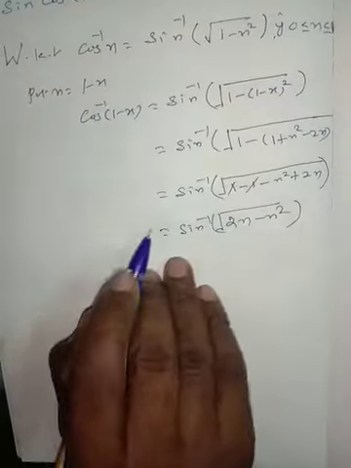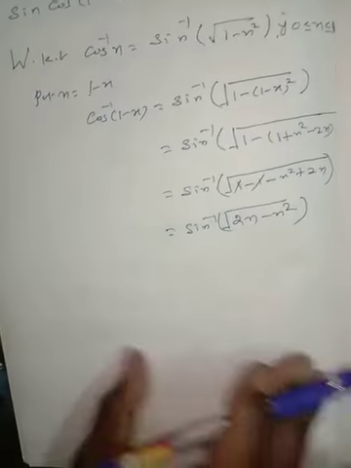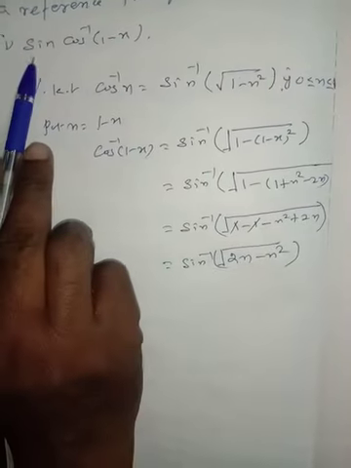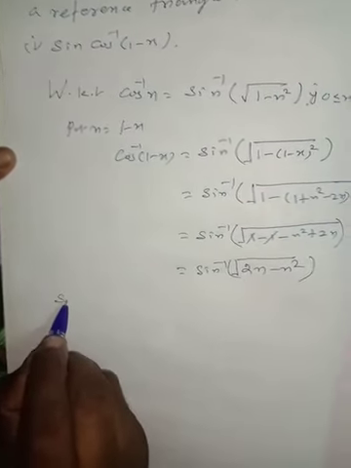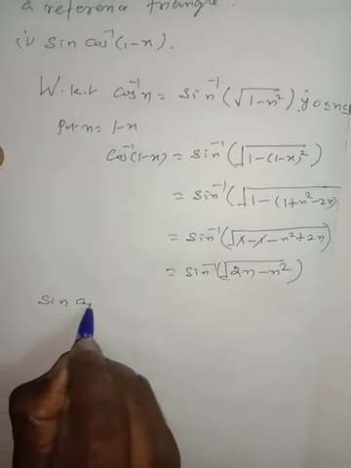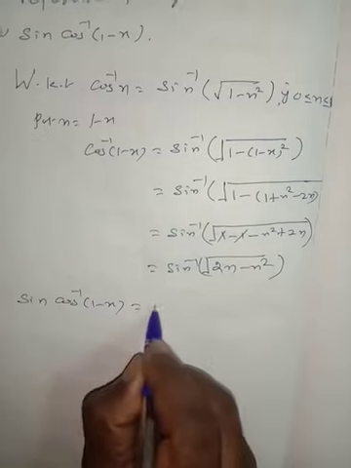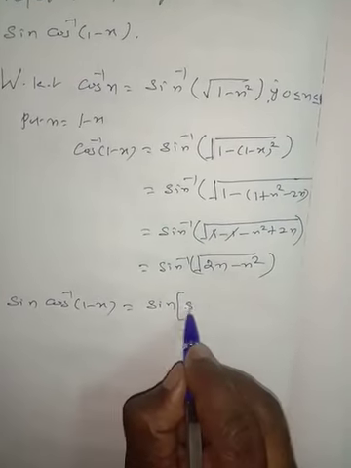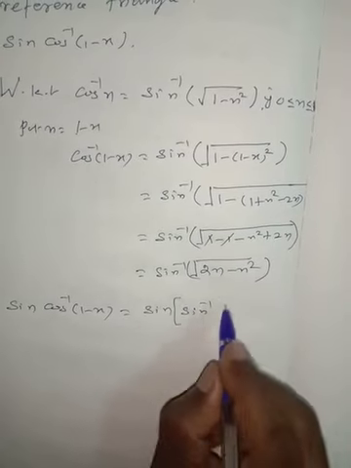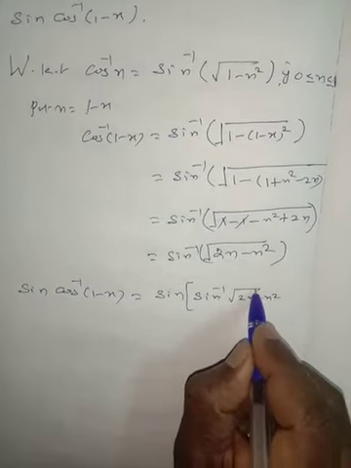This is cos inverse of 1 minus x. Now the question is sin of cos inverse of 1 minus x. Therefore sin of cos inverse of 1 minus x is equal to sin of sin inverse of root of 2x minus x square.